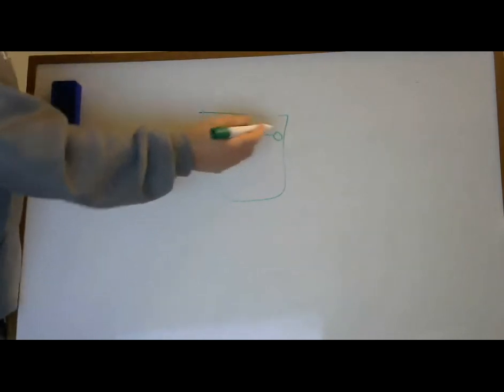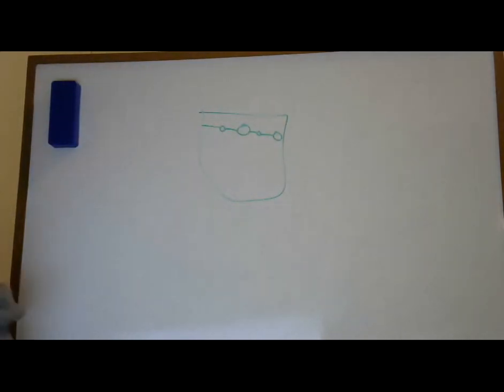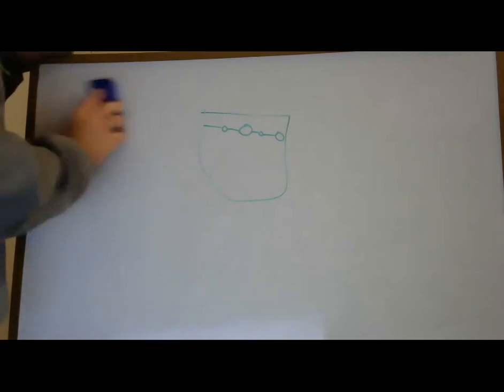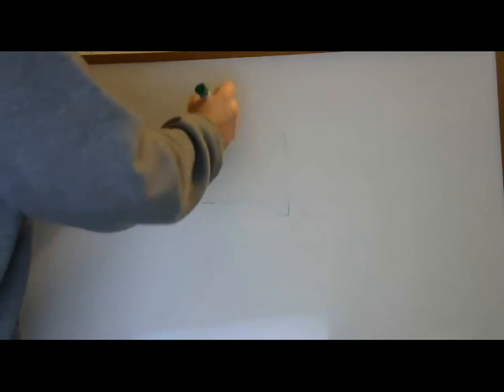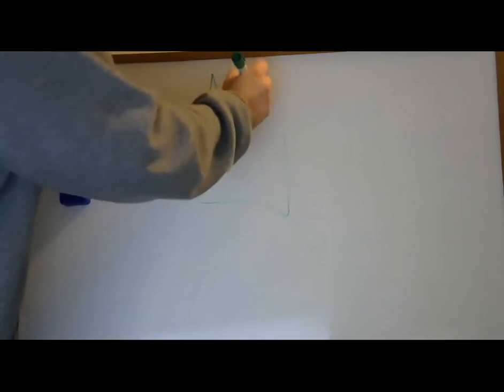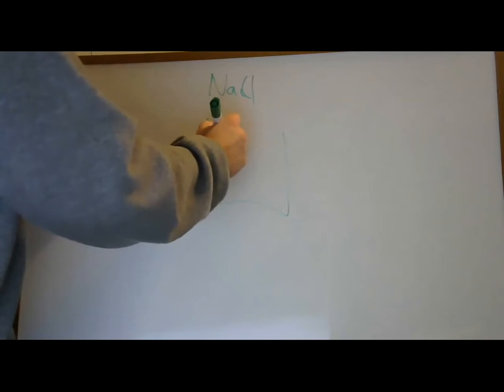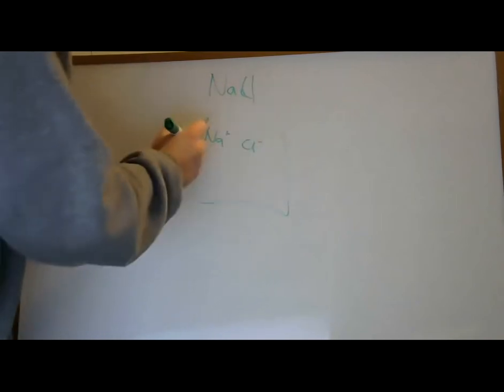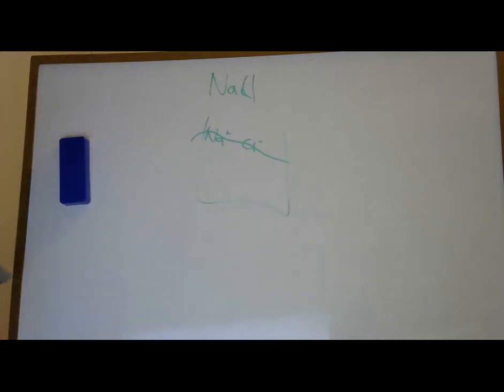So this doesn't move, so it can't conduct electricity as a solid. If you put it into a solution, you have Na+ and Cl- ions, and the electricity can pass through, but they cannot do it as a solid. Or when they're melted, they can conduct electricity because the ions are free to move. As a solid, they are not free to move.